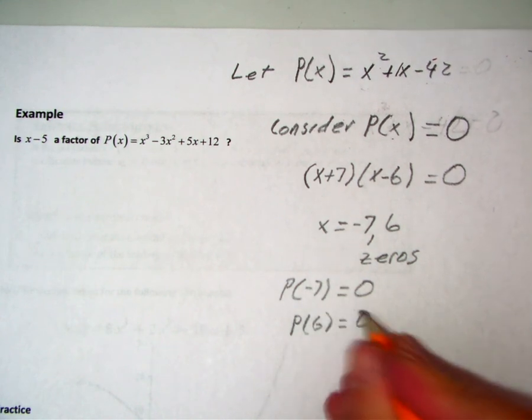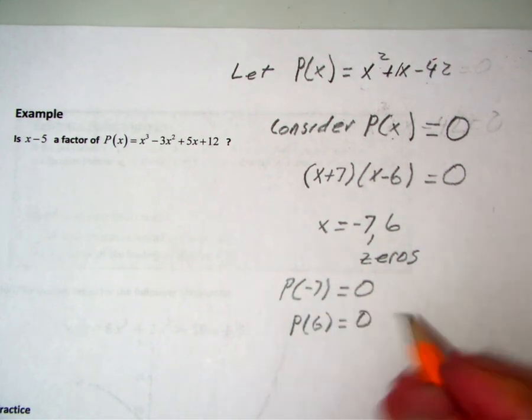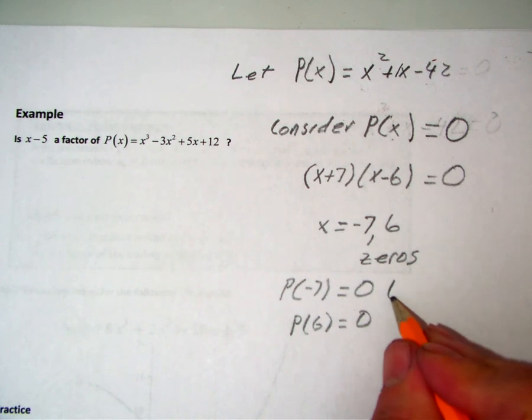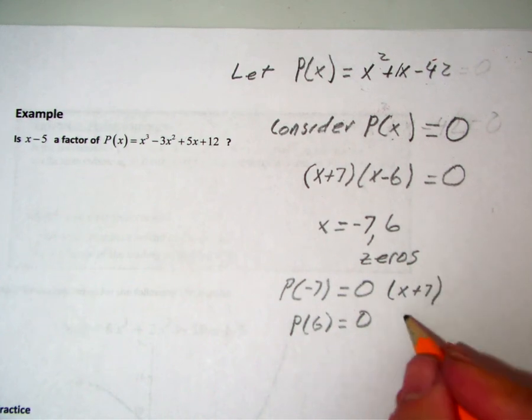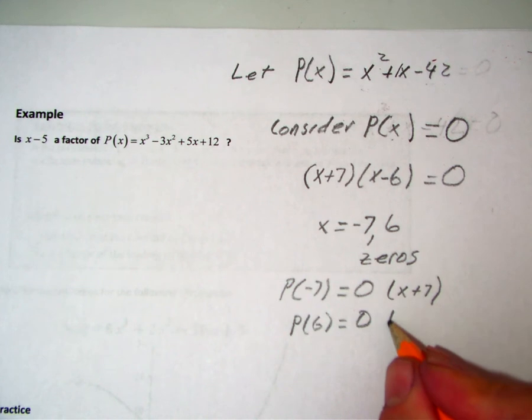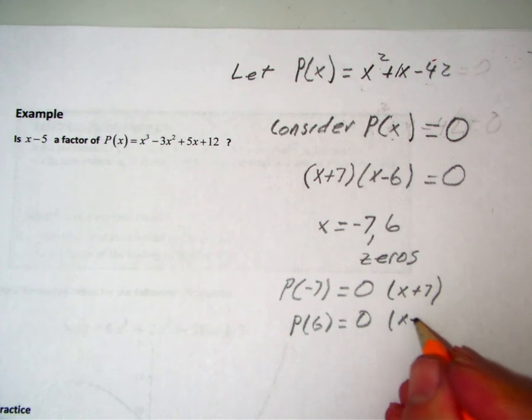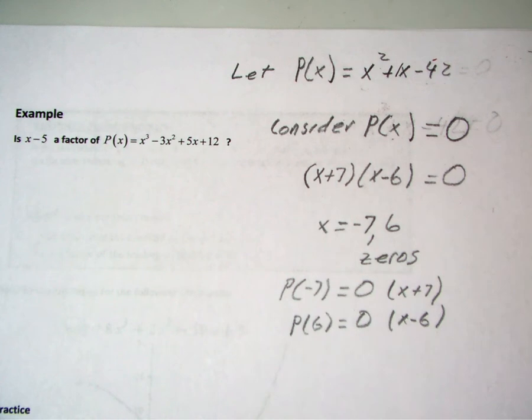And you see each of these corresponds to a factor. This corresponds to the factor x + 7, and this corresponds to the factor x - 6. So they actually glorify this with a name.